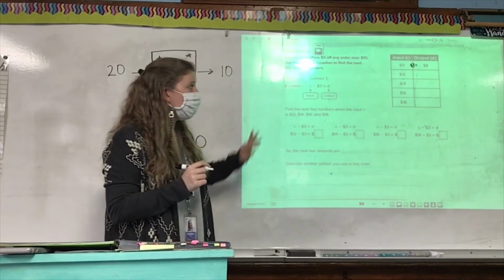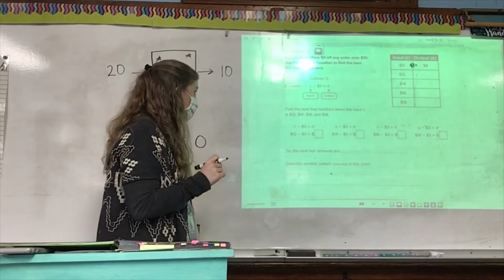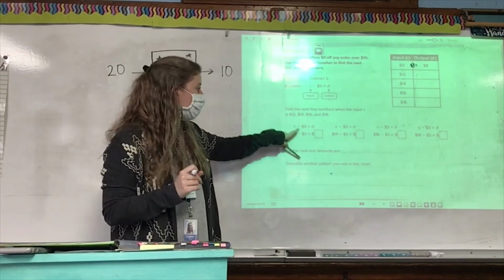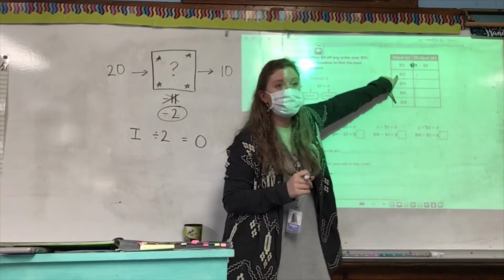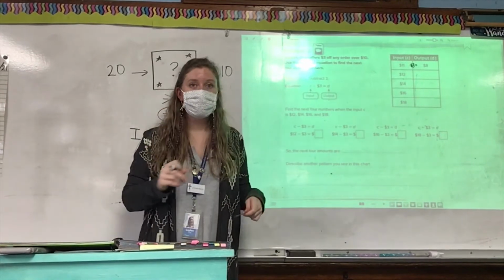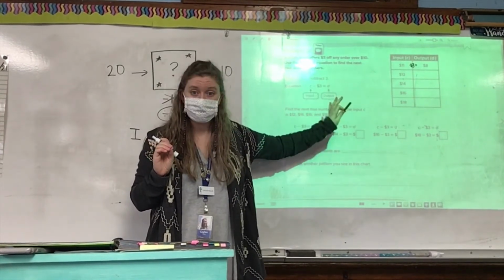So if the total cost of your food is $12, we know the rule is subtract 3. So we replace that variable for input with the next number on our table. The rule is the same. When you are working with one table, the rule never changes.